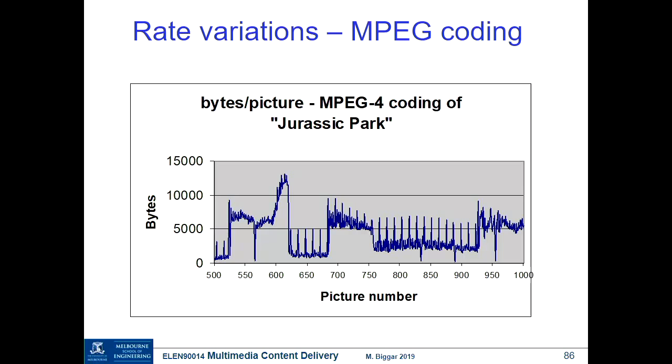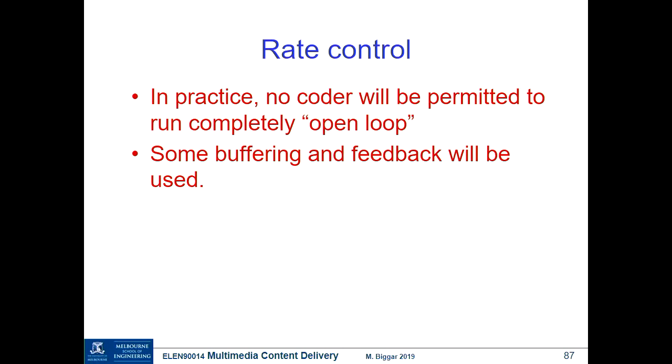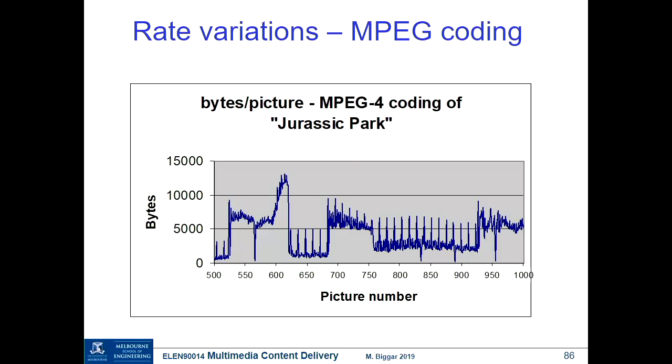Okay, so that's looking at what's going on in the coding, but it's also interesting to see this significant variation of bitrate throughout the sequence. So what do we do about the bits that are generated if we're generating a variable number like this? In practice, we wouldn't allow a coder to run completely open loop, by which I mean just fix the quantizer and accept whatever bitrate it generates, because we can't put limits on it.